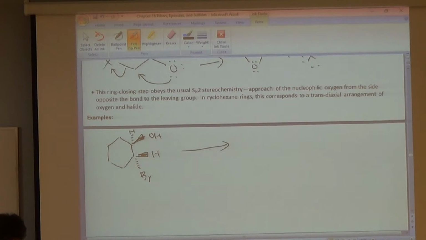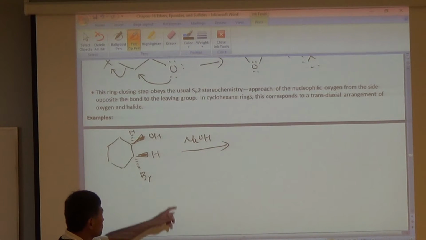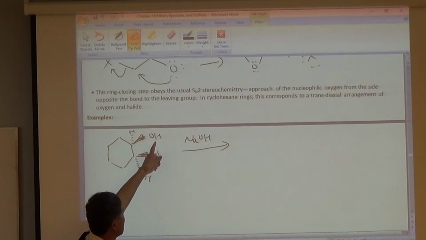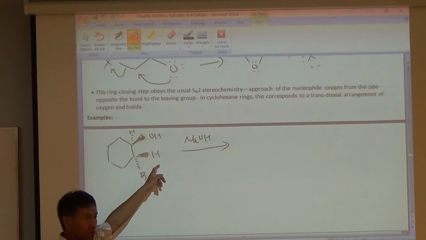So if we take this molecule and we add sodium hydroxide, you first use the hydroxide to take the H away from here, and you produce an alkoxide.